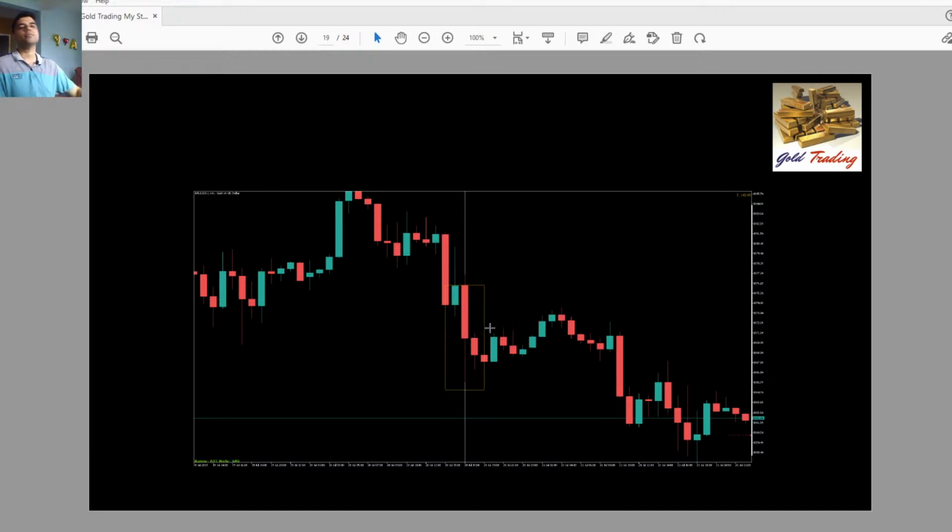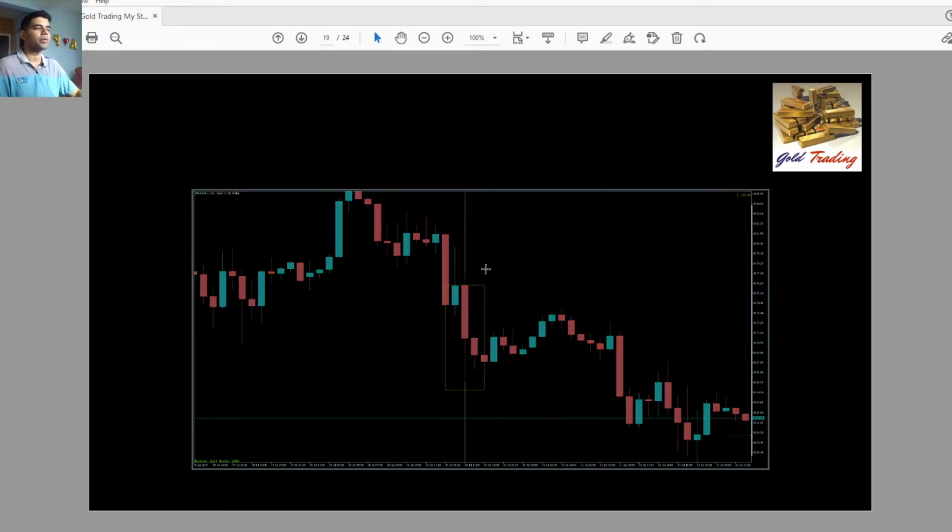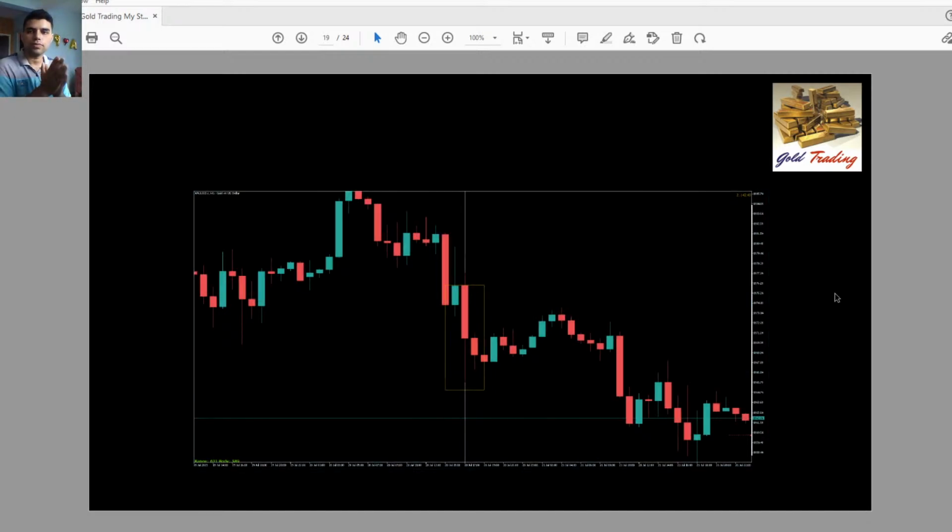So in this case, if we are looking only at the H1 time frame, we can take the direct entry at the breach of the low of this green candle, and we can put our stop loss above the high of this candle. But since we are looking for an earlier entry, we scan down to a lower time frame.